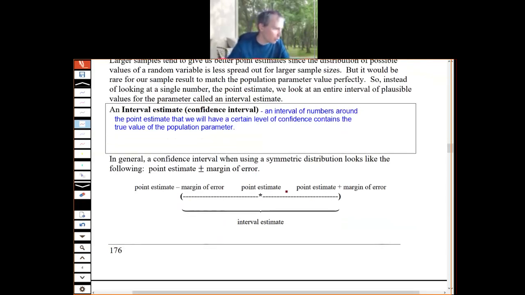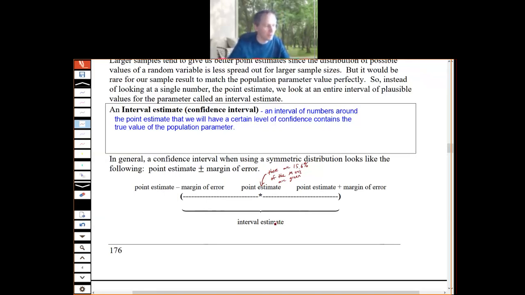So we could say that our point estimate is that 15.6% of the M&Ms are green.